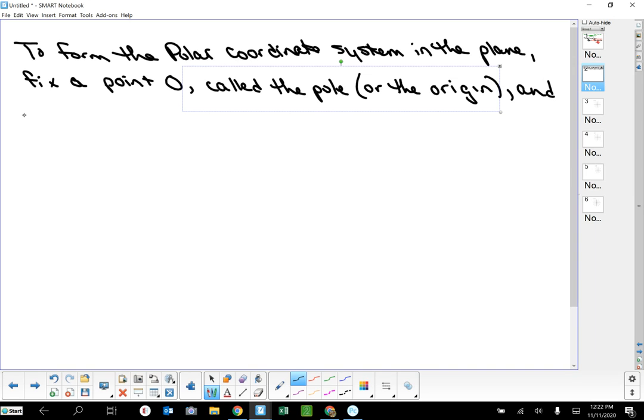And construct from O an initial ray called the polar axis.